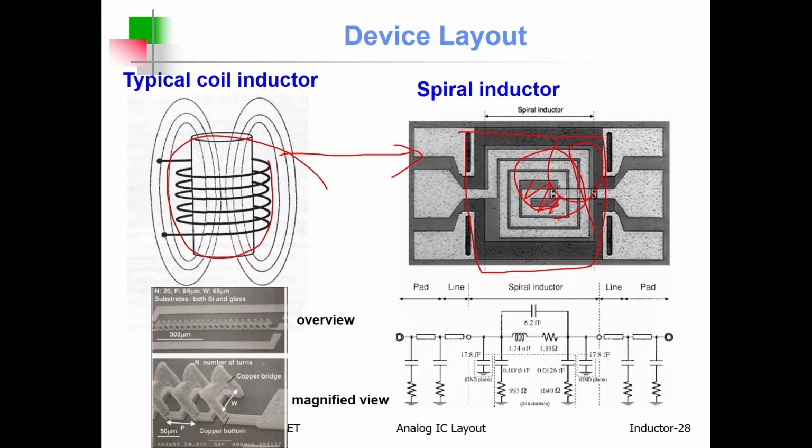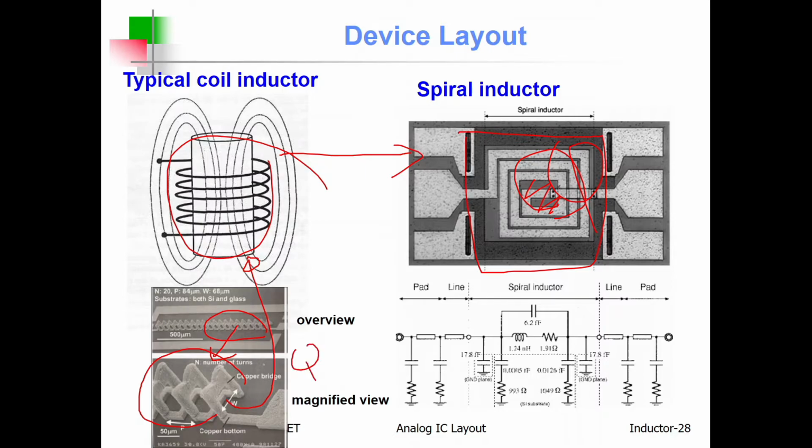Anyway, some other talented guy have such kind of three-dimensional inductor. This is the overview, and allow me to zoom in for you. It looks much similar to such kind of discrete coil inductor. So what does it mean?